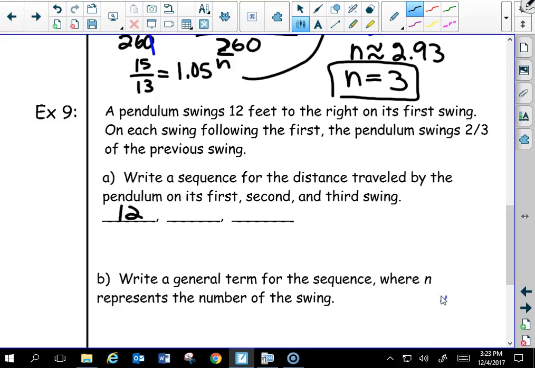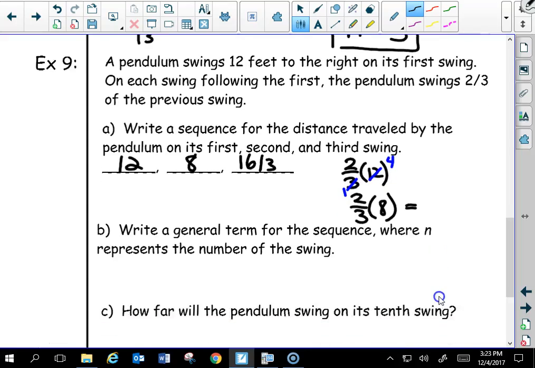On the second, it's going to go 2/3 of 12, and that would be 2 times 4, which gives me 8. And on the third swing, it's going to be 2/3 of 8, which won't reduce at all. It looks like I'll get 16/3. Okay, so there's the length of my first, second, and third swing.